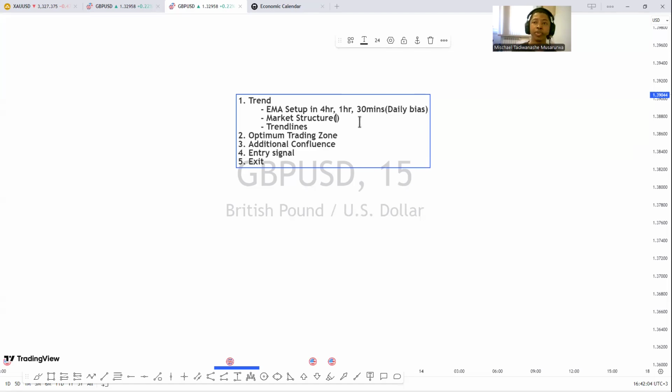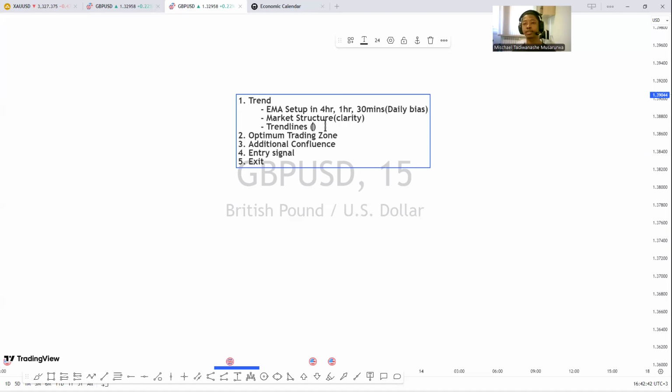But when you now move on to the smaller time frames, like 5 minutes and 15 minutes, you are no more using the EMAs. You really want to see clearly how things are moving, how things are going. So that's when you start drawing your market structure, right? Market structure is for clarity.